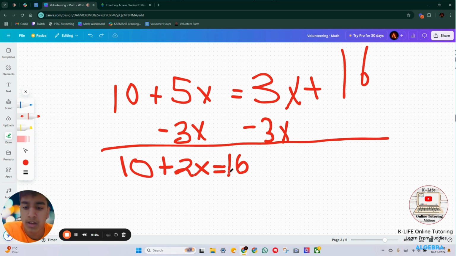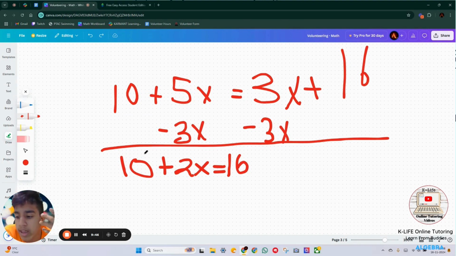Okay? So what I mean by that is, if you want to do an extra step, that means doing 5x minus 3x. If you just want to write it out, then it's 10 plus 2x equals 16. Okay? I'm kind of connecting back to the problem. If I were to write this equation, how would I look at it?